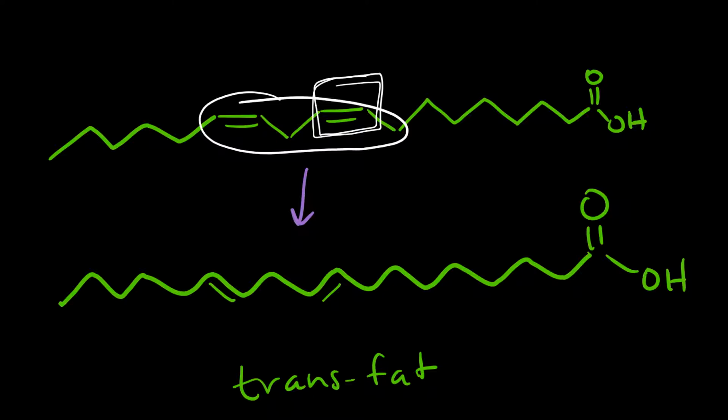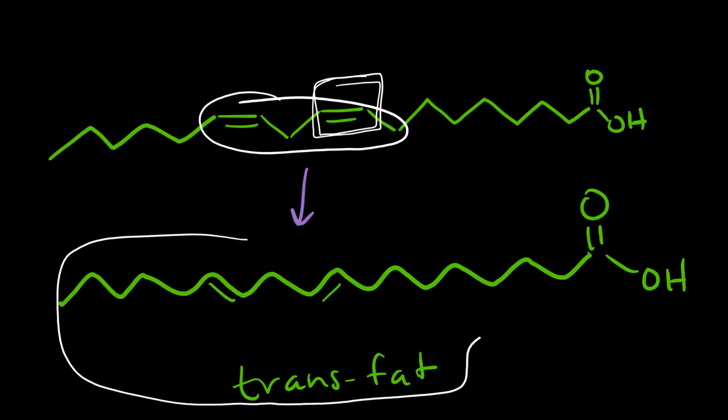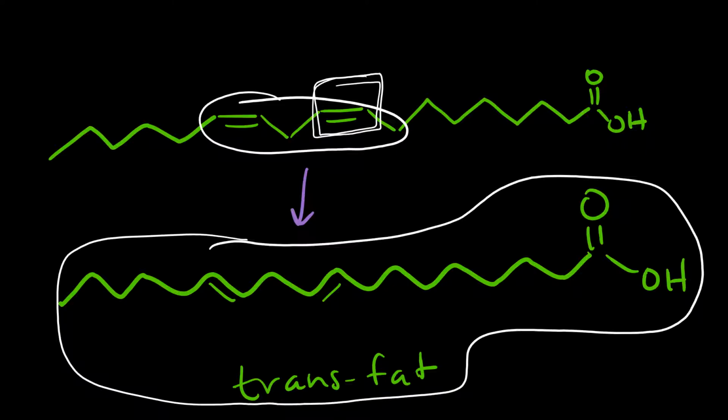And this is obviously going to raise the melting point by getting rid of the cis double bonds. The problem is during that process, a lot of times these trans fats are produced as a byproduct, and the trans fats happen to be toxic to the body because the enzymes in your body are not used to dealing with trans double bonds in fatty acids.